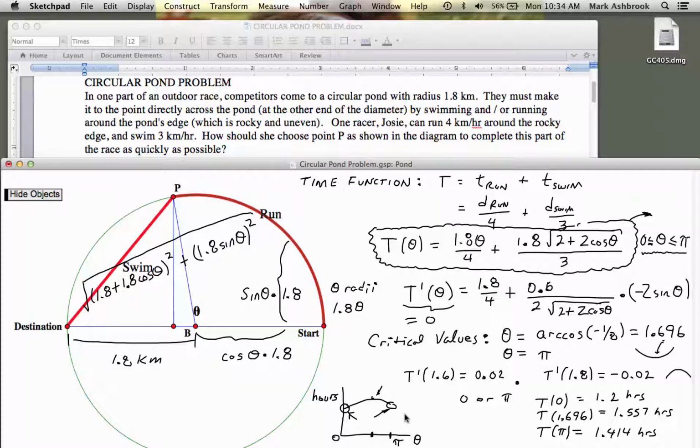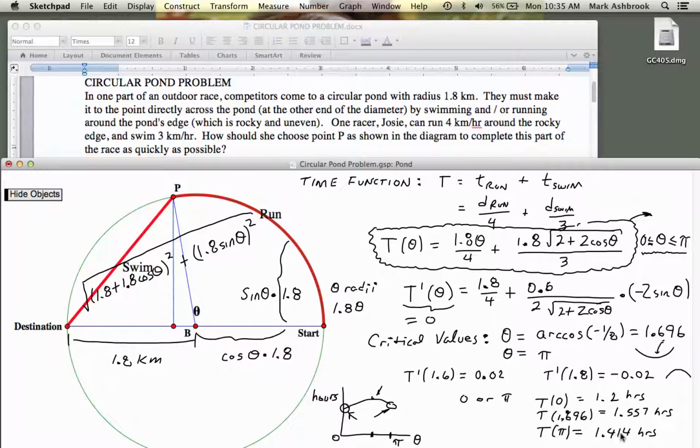And if we look now, we see at an angle of 0, it'll take her 1.2 hours to get to the destination, and with an angle of pi, 1.414 hours. Remember we said an angle of 0 means she swims the whole way. Pi means that she runs the whole way.